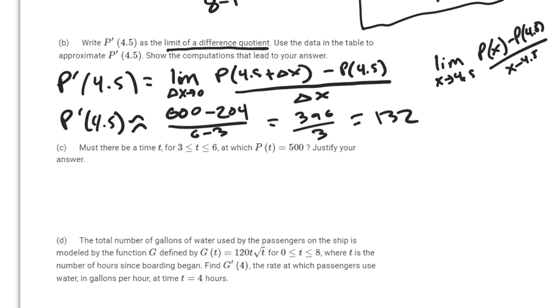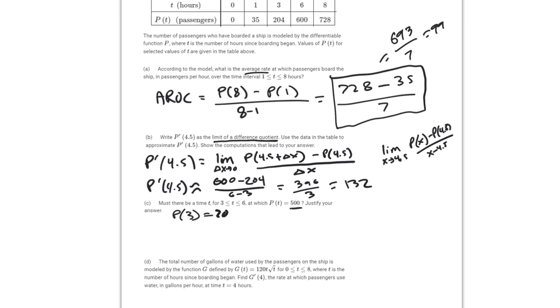Part C, let's see, must there be a time from 3 to 6 for which p of t equals 500? Hopefully that's starting to jump out at you as sounding like intermediate value theorem. I want to know, am I guaranteed a y value of 500? So p of 3, according to the table, is 204.